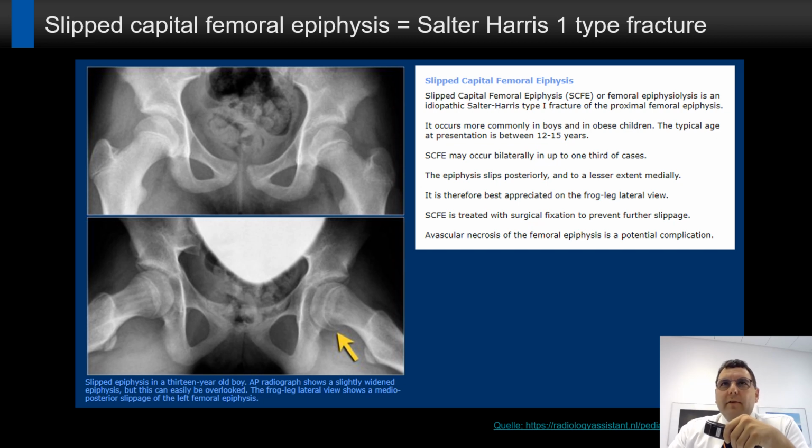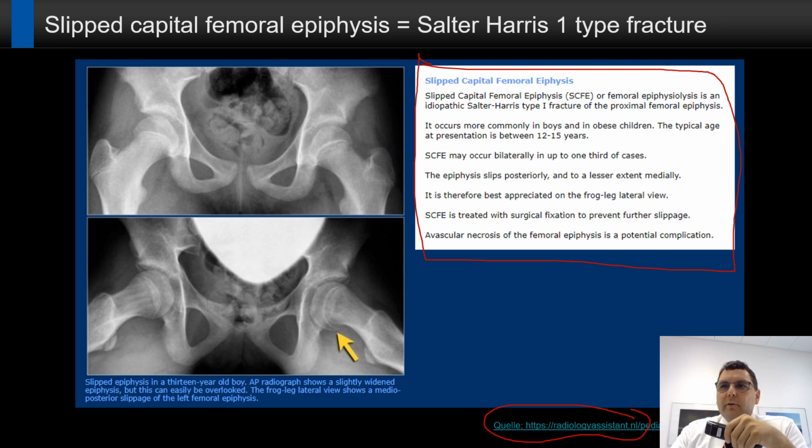Slipped capital femoral epiphyses, like in this patient shown in this old radiograph, are basically Salter-Harris type one fractures. Here you can see this is again the website Radiology Assistant, and this is another case taken from this website, and you can read everything about this pathology there.